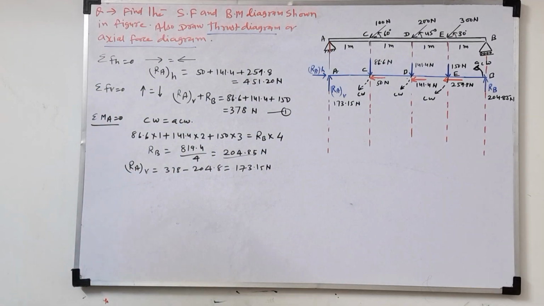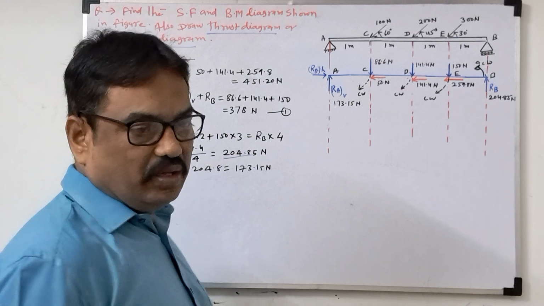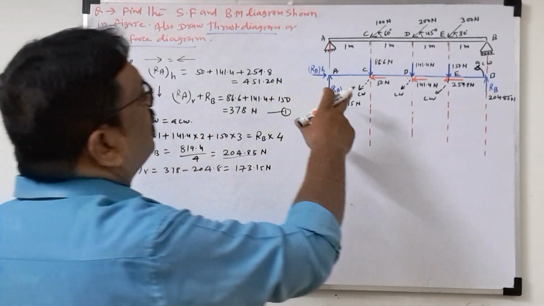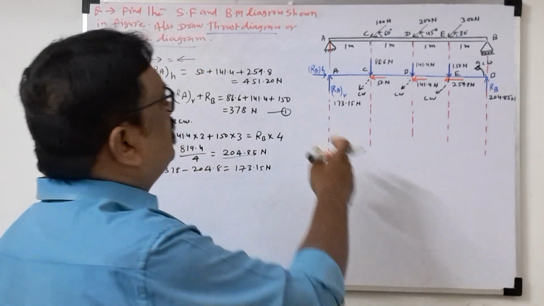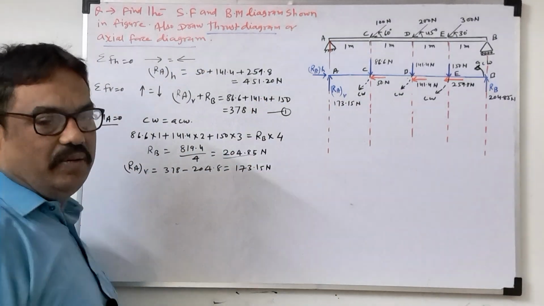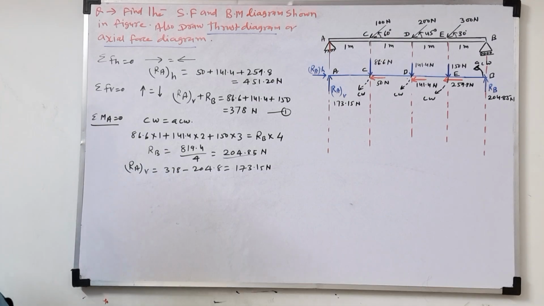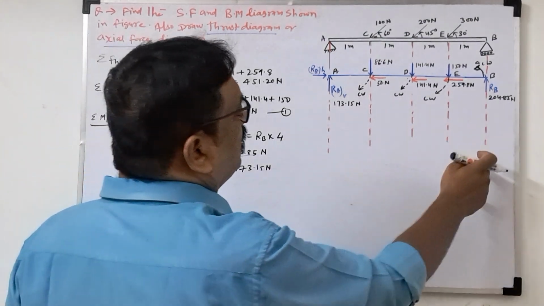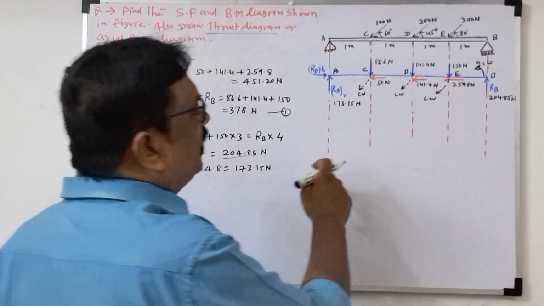So support reactions we calculated. Sometimes they will give many full questions and ask what is the support reaction at B, what is the support reaction at A, like this. Some objective questions will be there. They'll ask what is the shear force at point D, what is the bending moment at point E, like this.